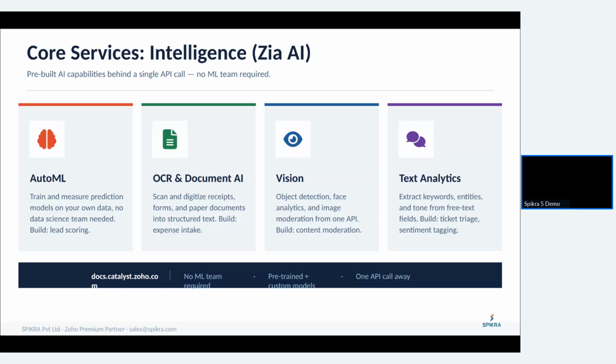So there are multiple model options inside Catalyst, which you can use for object detection, face analytics, and image moderation using one API. So it's basically providing you multiple kinds of tools or layers of AI, which you can use for all sorts of things. And the last is text analysis.